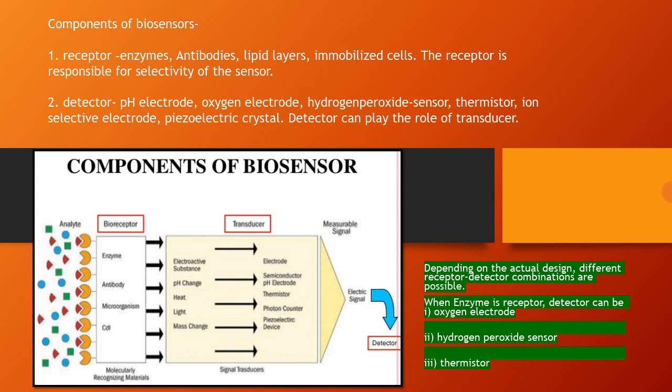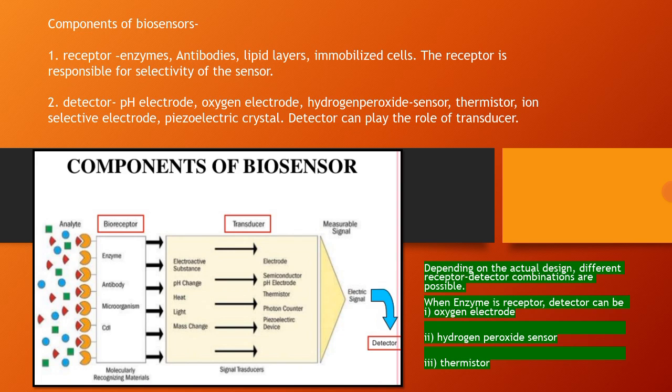The detector types they have mentioned: electrode, semiconductor pH electrode, thermistor, photon counter, then the piezoelectric device. Okay, these can be the types of the detectors that can be present in the biosensor.